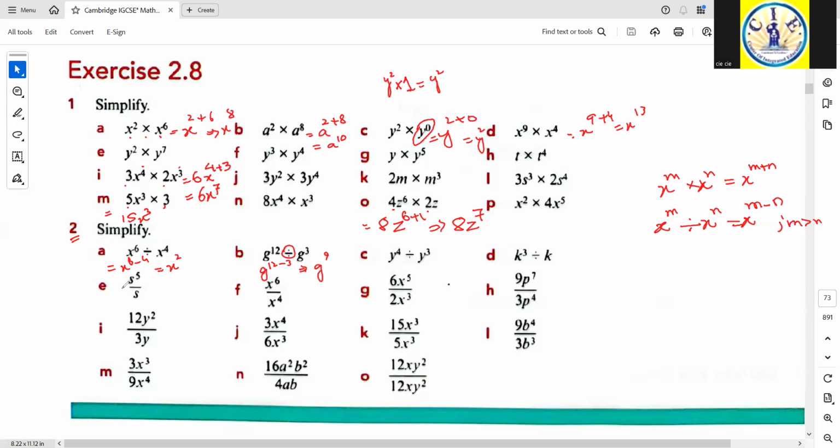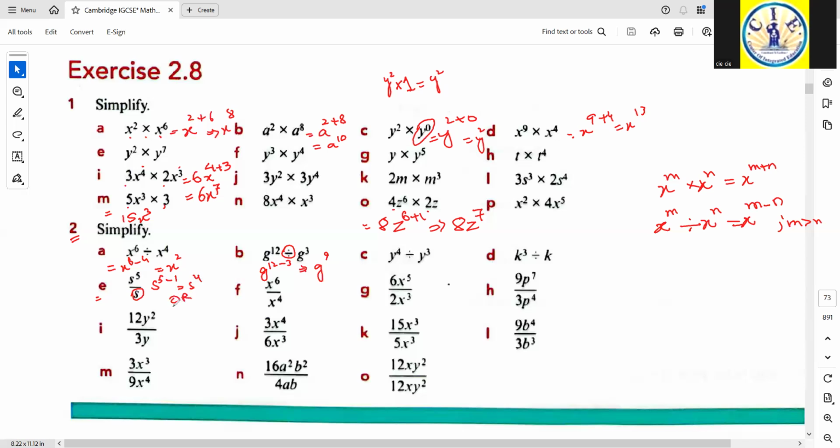Then similarly, in part E, for example, you can understand it in two different ways. Either you can say that s is being divided by s raised to power 5. So we can write it down as 5 minus 1, that is s raised to power 4.